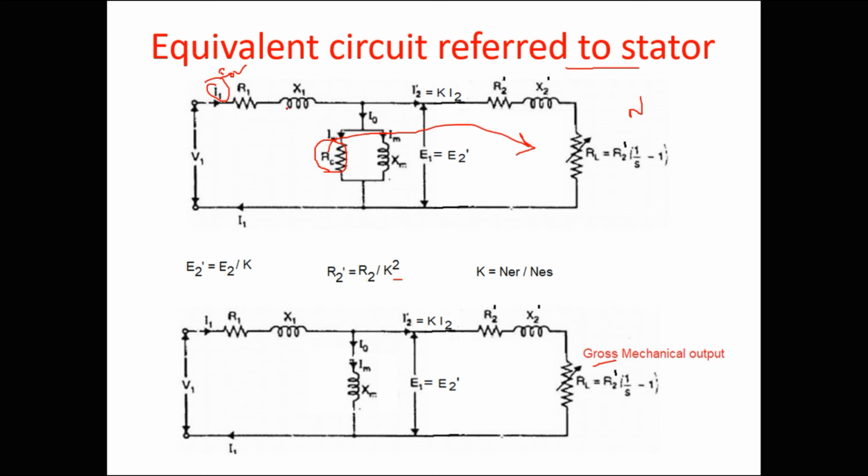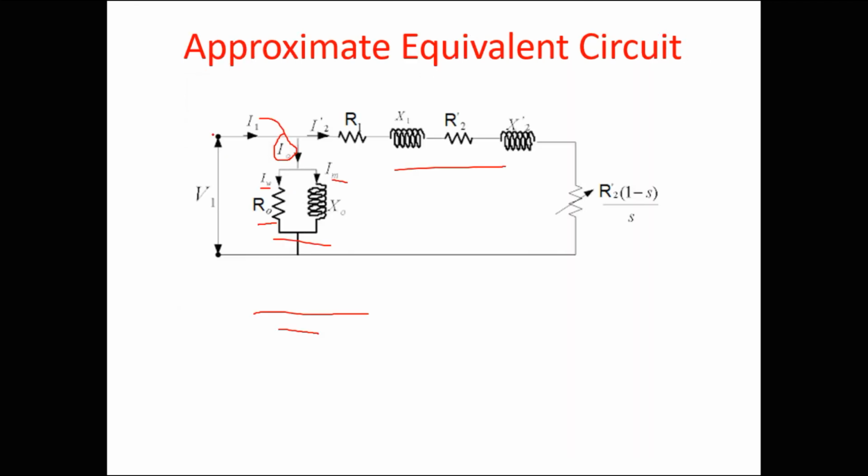So this I0 also is going to have an impact on R1 and X1 initially, whereas in the approximate equivalent circuit, this I0 is also contained in I1, but this I0 is not going to have any effect on R1 and X1. So we can say in the exact equivalent circuit, I0 has an effect on the stator parameters, whereas in the approximate equivalent circuit, this I0 does not have any effect on the stator parameters.